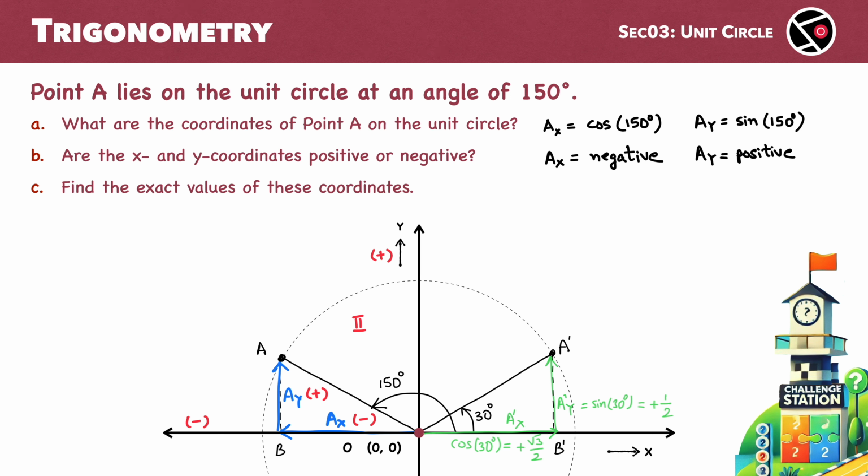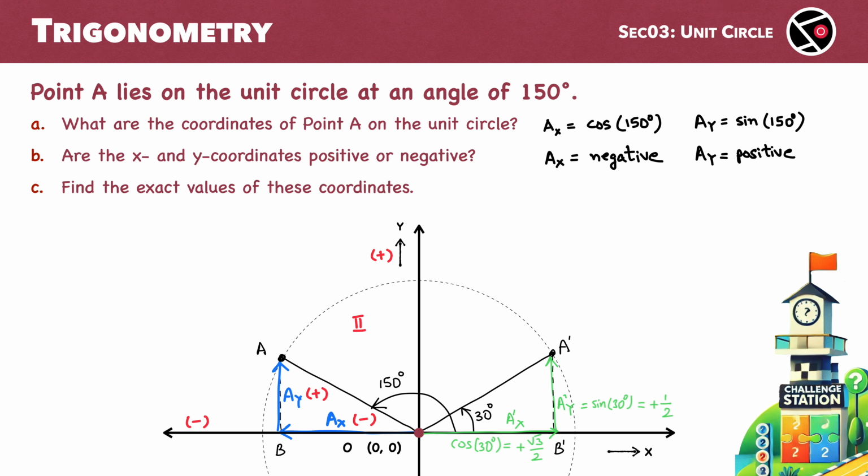Simple. The triangle ABO is congruent to triangle A prime B prime O. You should try proving this yourself. It's actually quite simple. Since these two triangles are congruent, the lengths of OB and OB prime and the lengths of OA and OA prime are equal.